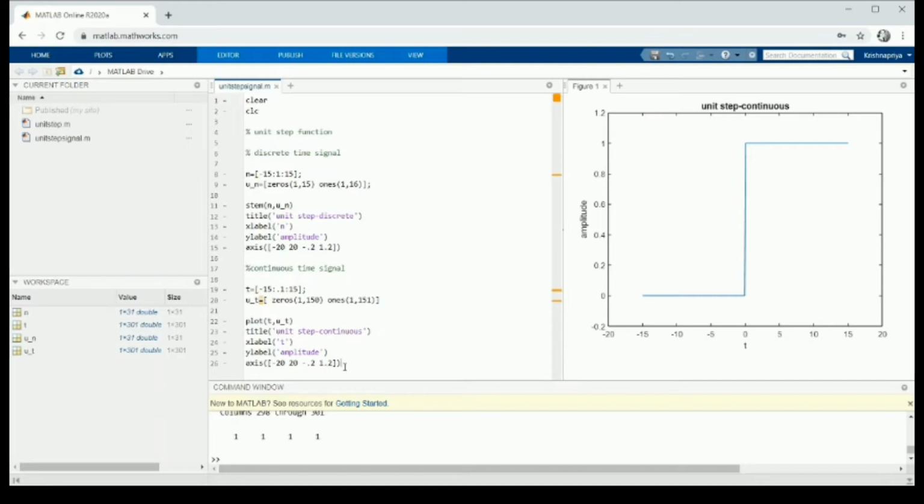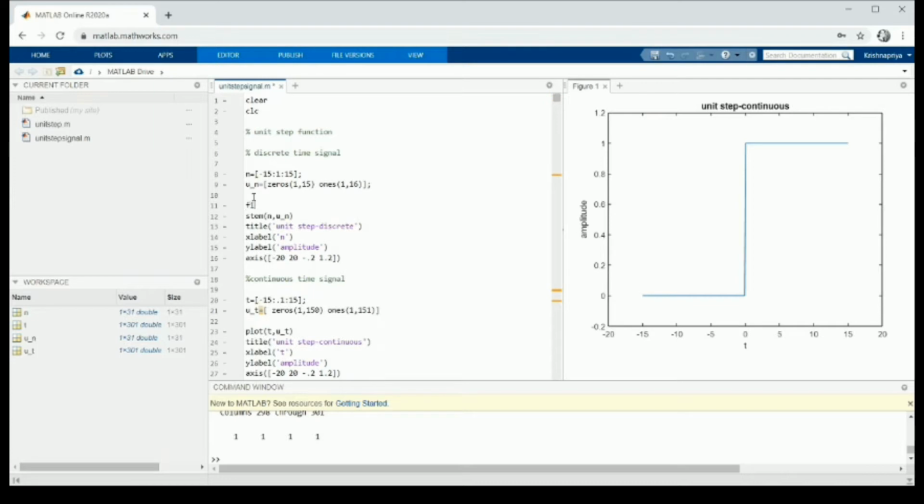To obtain the graphs together for analysis, we can use the command figure. So before stem, I'm giving the command figure. Within the parentheses, I'm giving 1. And before plot, I'm giving figure 2.